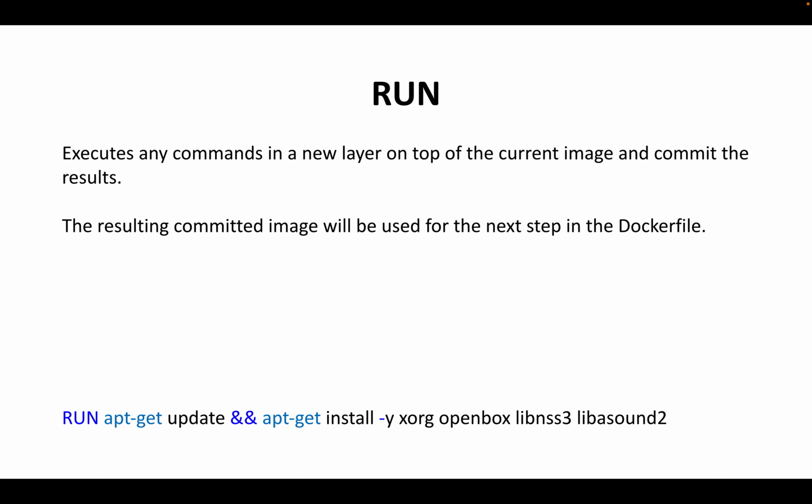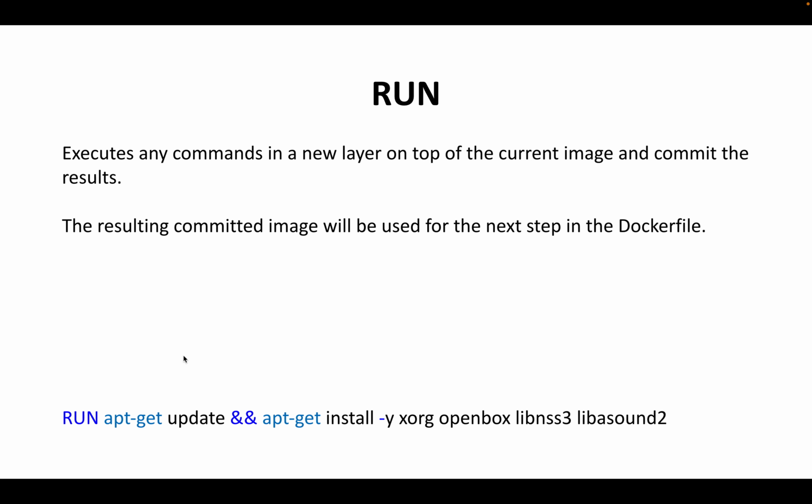Okay, the next instruction is RUN, and it executes commands that are provided to it, and it creates a new layer on top of the base layer or base image. And the result after running this command will be used as a new layer for subsequent commands.